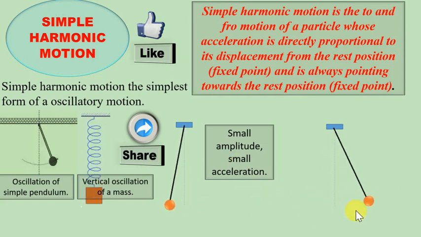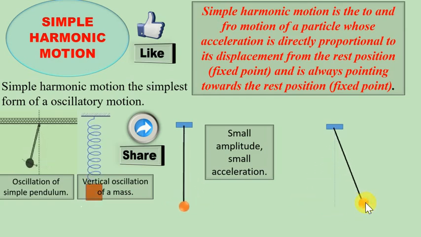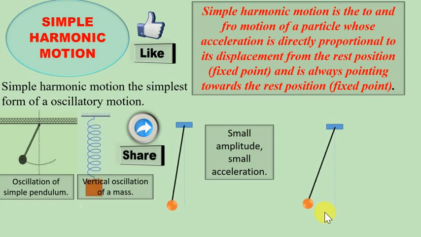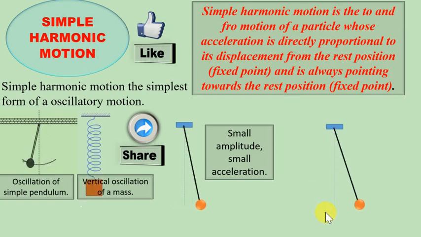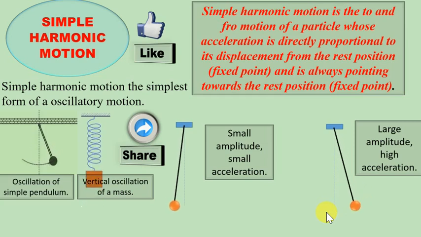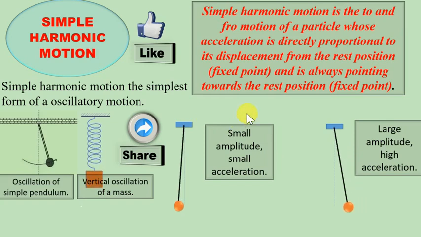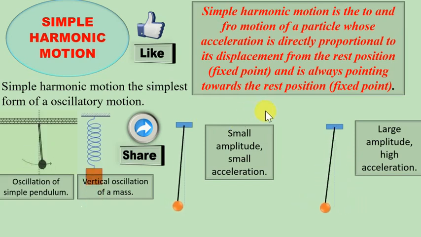So therefore, what we are saying, the larger the displacement from the rest position, the faster the swing of the simple pendulum. So the large amplitude leads to what? High acceleration. So now, having seen this, we are going to move straight to the next slide to continue our discussion on simple harmonic motion.